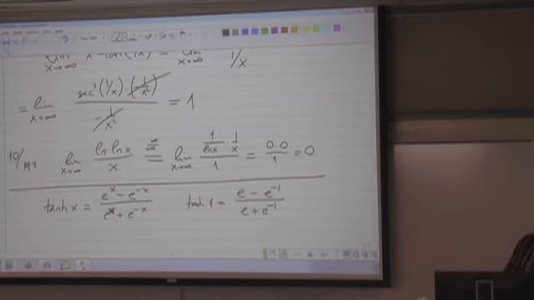And if you want to be creative with this, you can multiply and divide by e. Not necessarily that it's going to help you out, but you can write it as e squared minus 1 over e squared plus 1. But that's all there is to it.